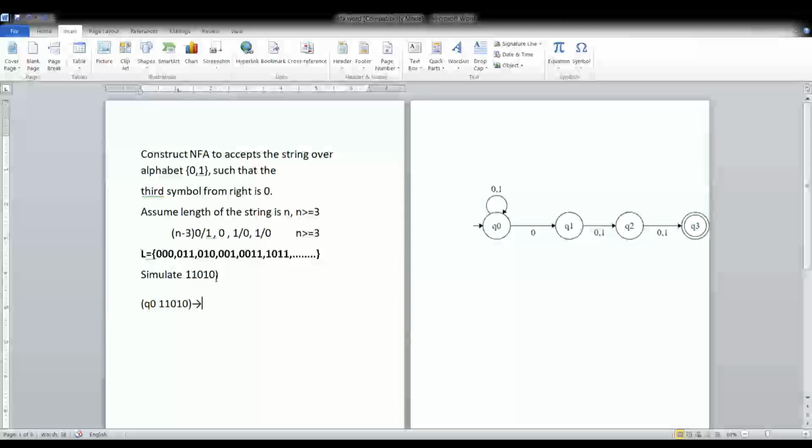Now we will simulate this string to see whether it is accepted or not with this solution. The string is 11010.